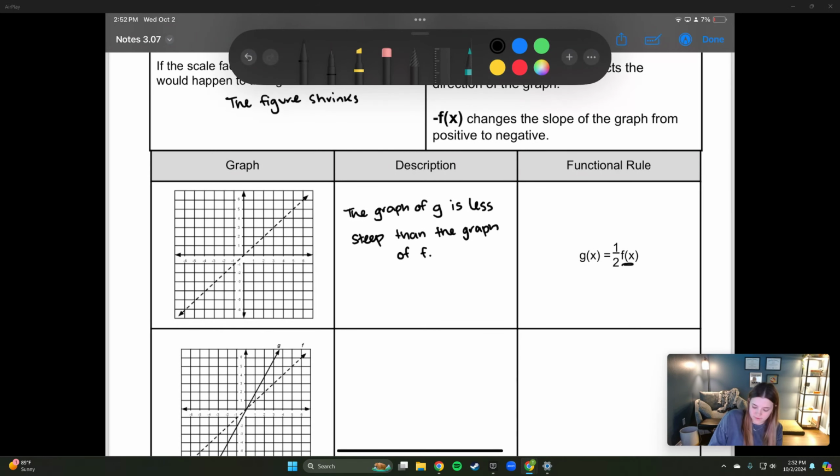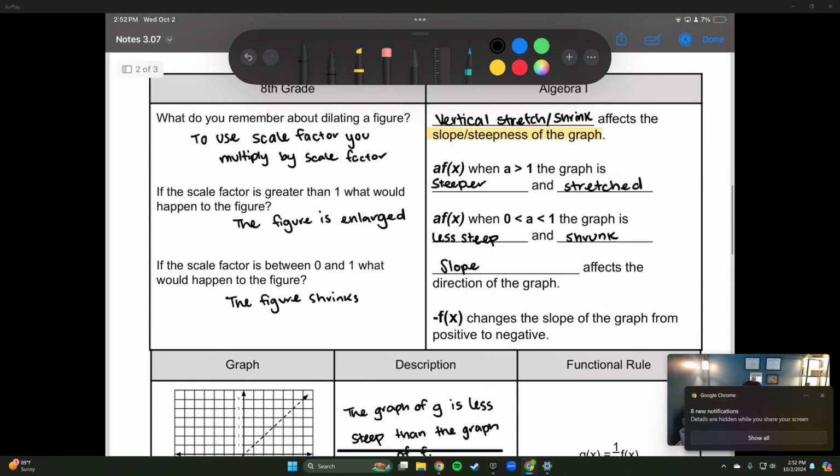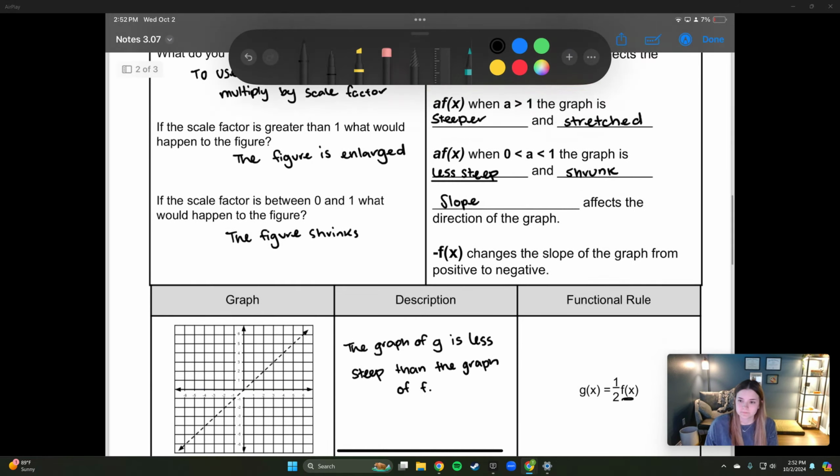Because we multiplied by something less than 1, the graph got less steep, because if it's between 0 and 1, the graph gets less steep.